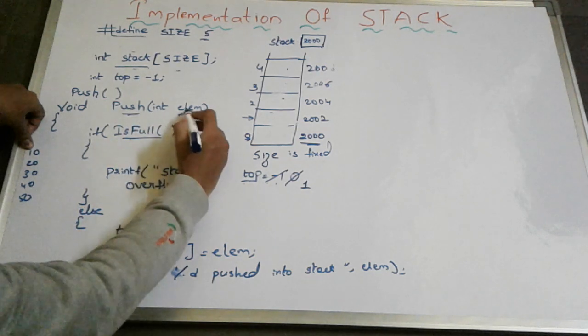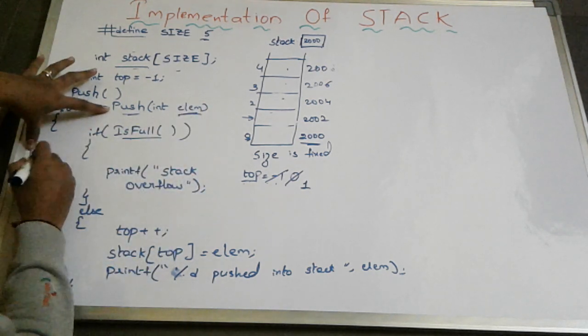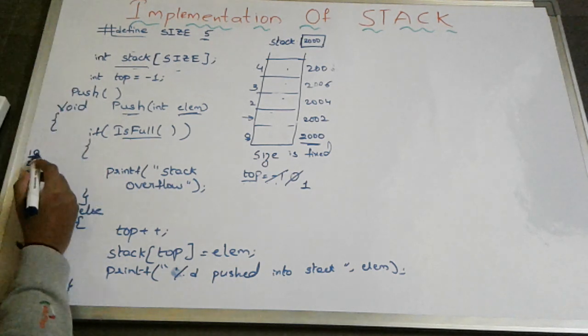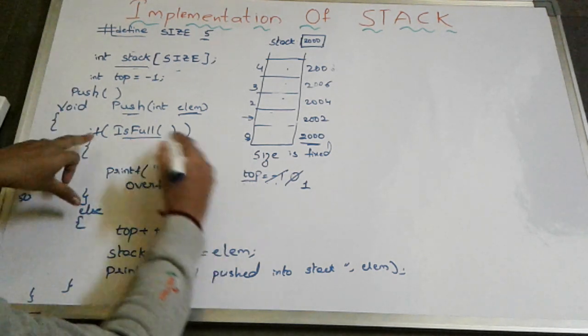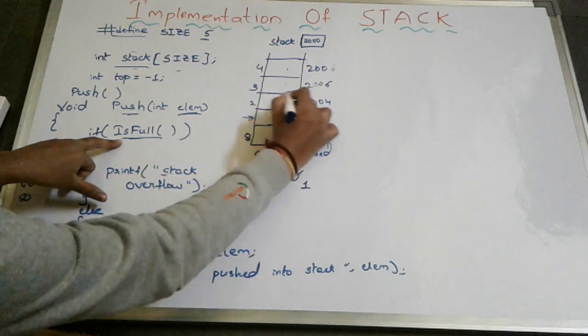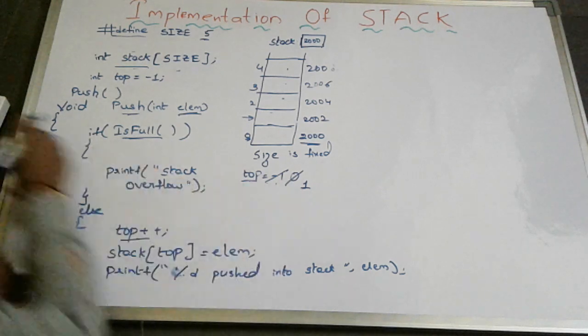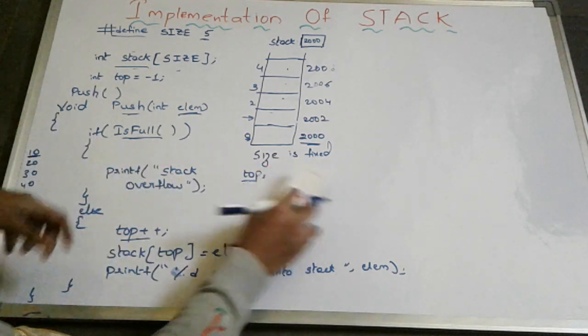First of all, we will call this push function by passing the parameter as 10. It checks whether it is full or not. Initially the stack is empty, so it returns false. Top plus plus, initially top is -1, right?